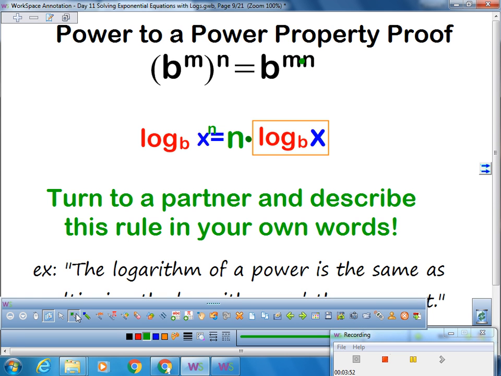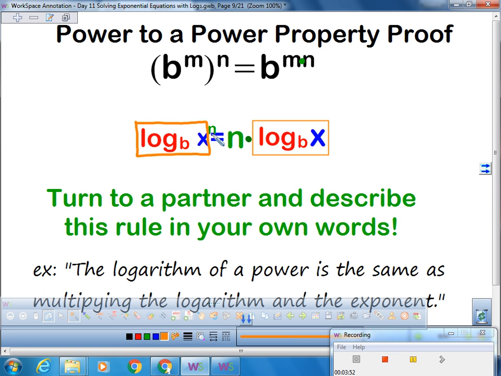So, log b to the x, this whole thing right here, this is a logarithm. I'm sorry, an exponent. This whole thing's an exponent. What's happening to this whole exponent right here? It's being raised to a power. Isn't this an exponent being raised to a power?